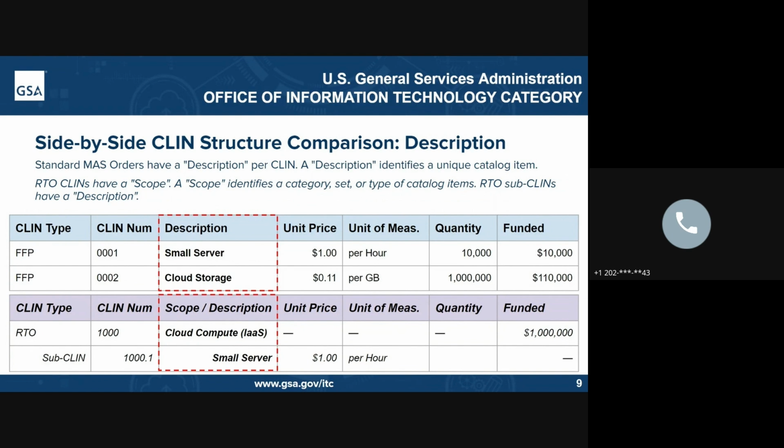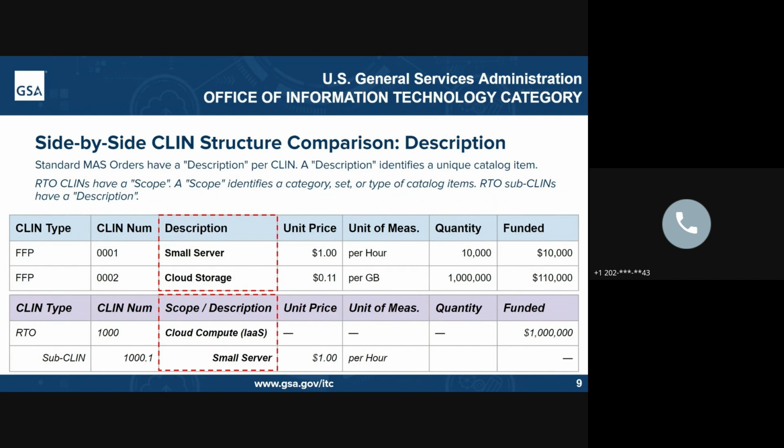In this case, we've defined our scope as cloud compute or infrastructure as a service. Each subCLIN under that requirements task order falls within the scope of the requirements task order CLIN. So in this case, our subCLIN is small server, and from our previous slide, we saw that the other subCLINs were medium server and large server, noticing that the scope in this case is servers.